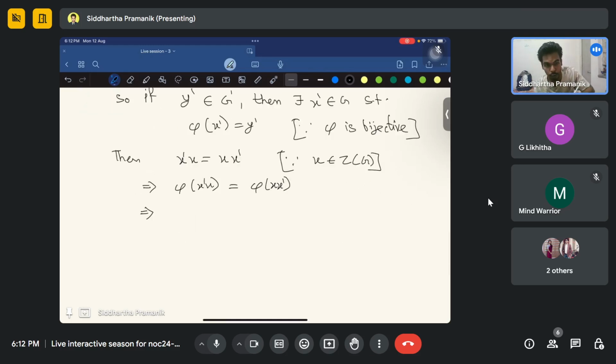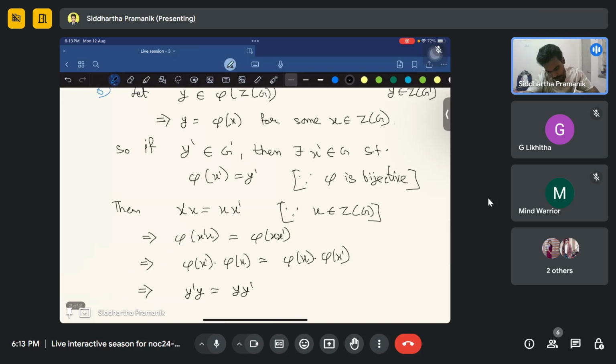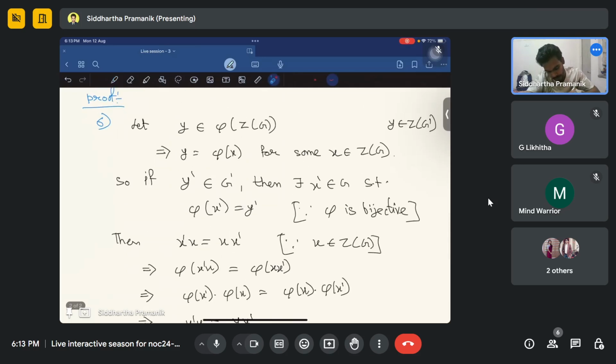Now phi is also a group homomorphism, right? So phi of x prime times phi of x equals phi of x times phi of x prime. So this implies y prime y equals y y prime. So our element y commutes with an arbitrary element of G prime.